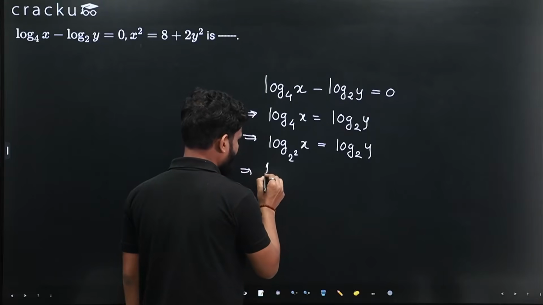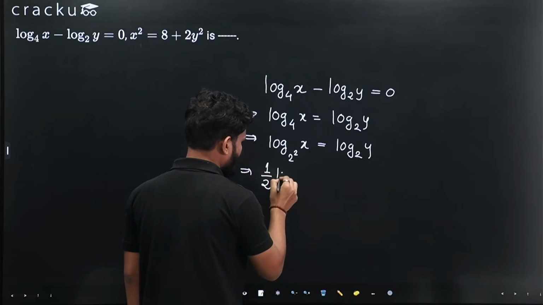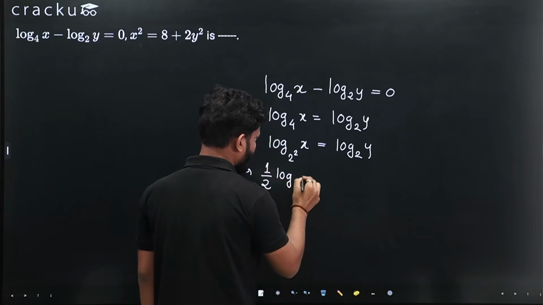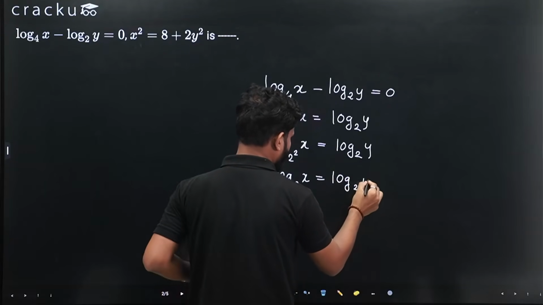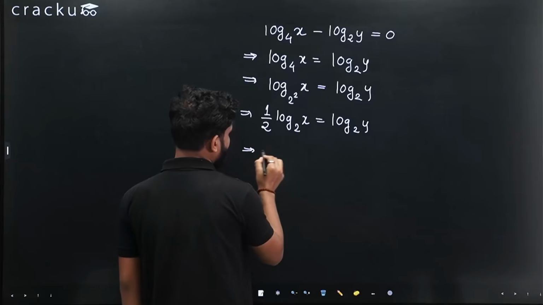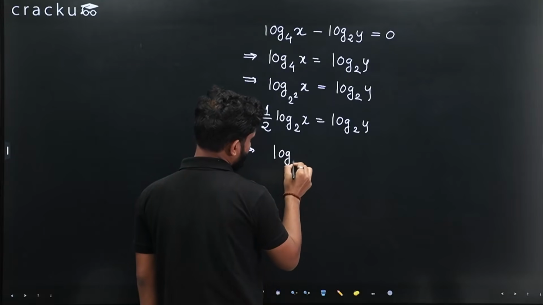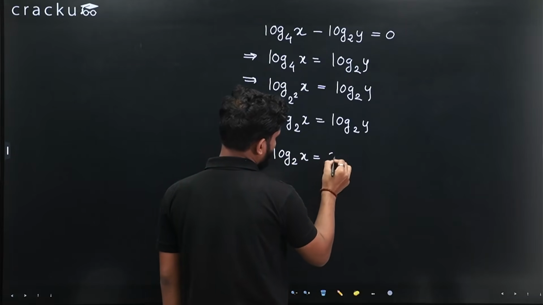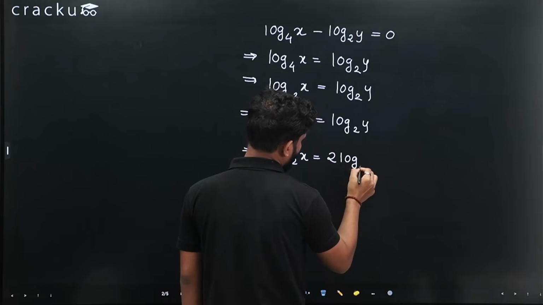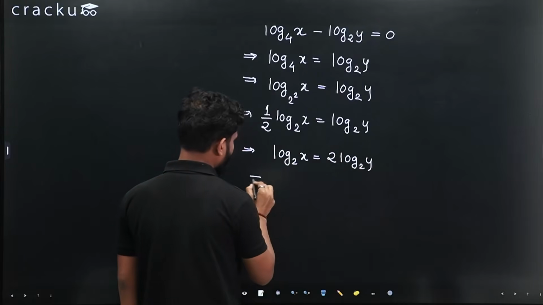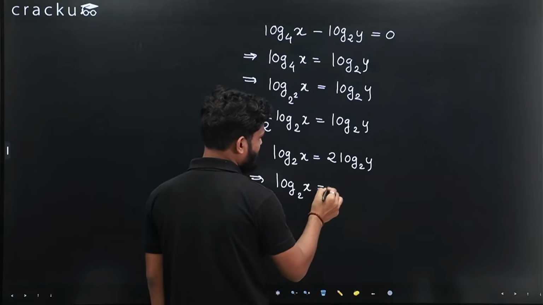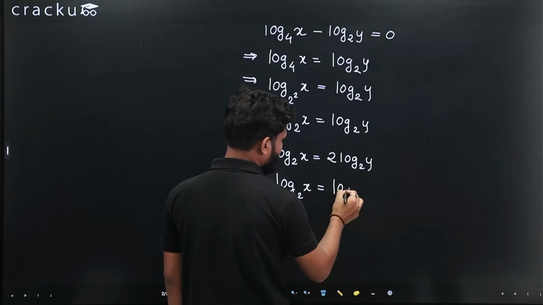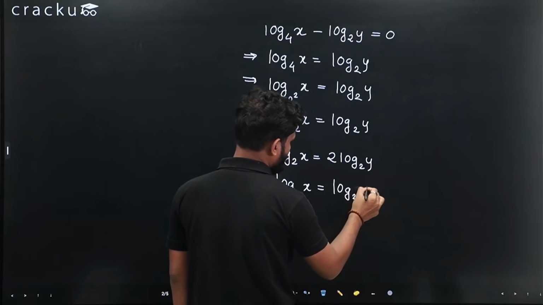So this will become 1 upon 2 log 2x is equal to log 2y, which I can write as log 2x is equal to 2 log 2y, or log 2x is equal to, this will become y square, so log of y square to the base 2.